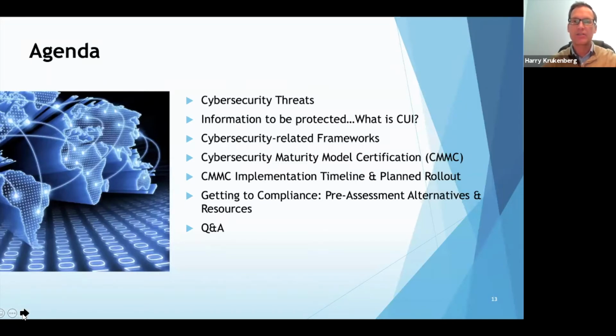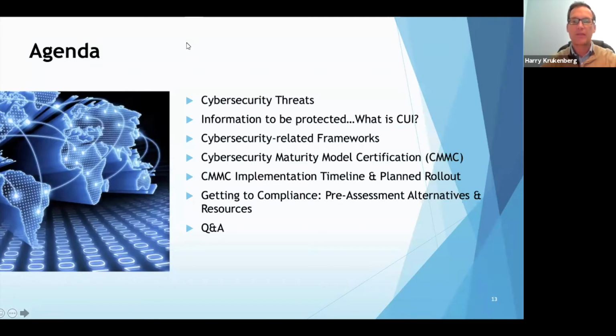And where CMMC is concerned, we're talking about primarily CUI, or Controlled Unclassified Information, often called CUI for short. Next, we'll walk through the various cybersecurity related frameworks that brought us to the CMMC model that we have today. And then we'll spend some time digging into Cybersecurity Maturity Model Certification itself, what the model looks like, what it contains, what the various capability domains are that we need to be concerned with.